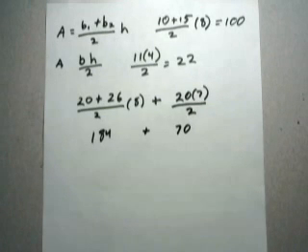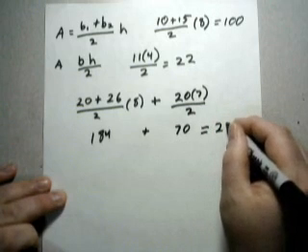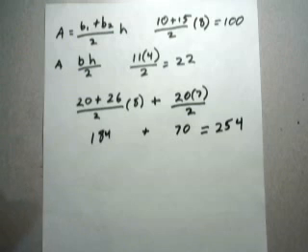So 70 plus 184, 254. So the area of the entire figure is 254.